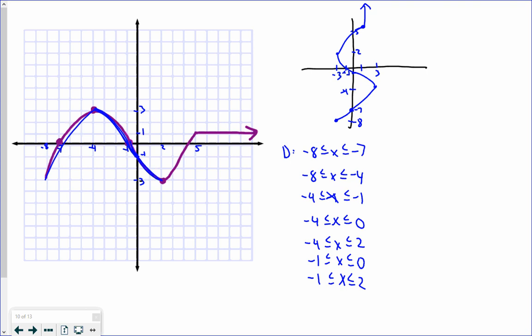Another one would be from 0 to 2. Another one would be from 2 to 5. And that's it.